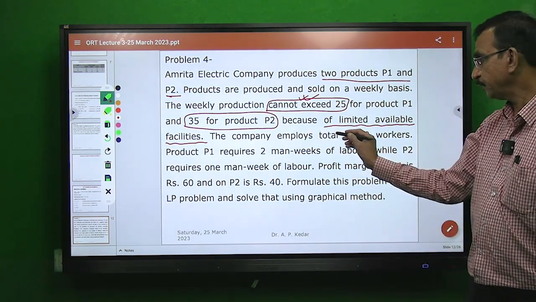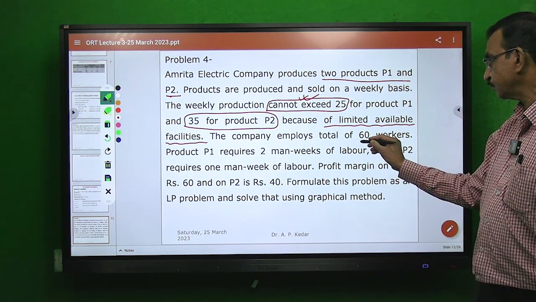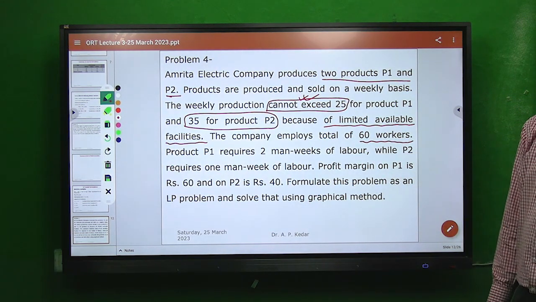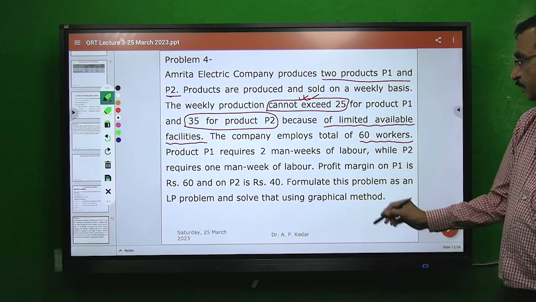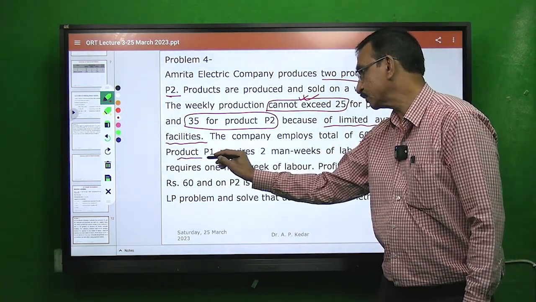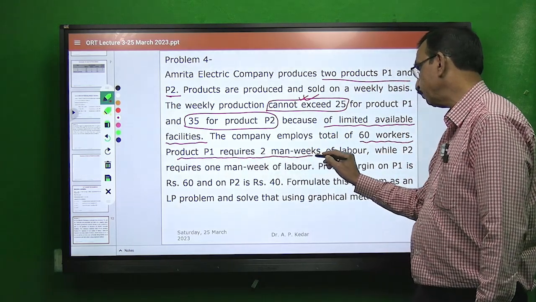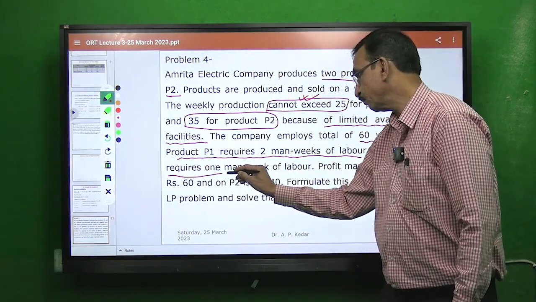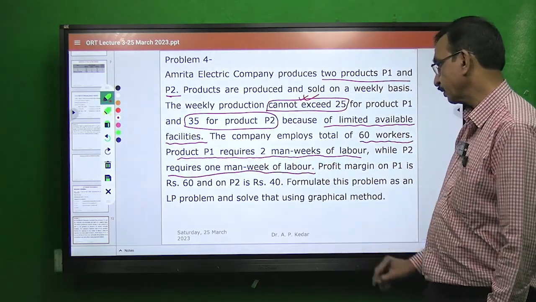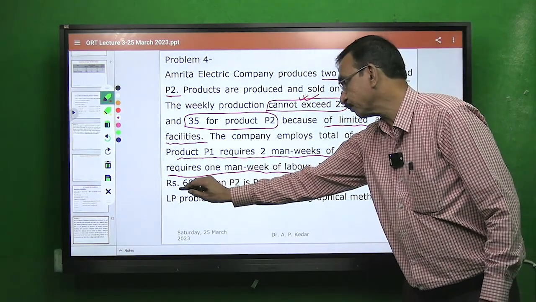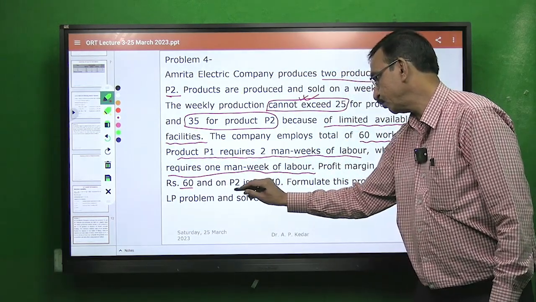The company employs a total of 60 workers. Maximum workers with the organization is 60. Product P1 requires 2 man weeks of labor, while P2 requires 1 man week of labor. And the total profit margin on P1 is 60, P2 is 40.